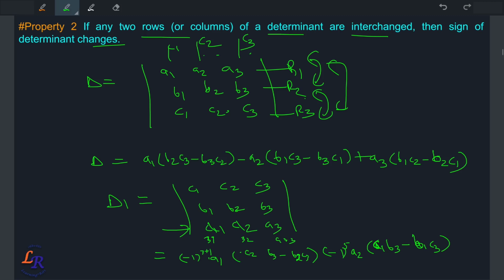And the third element has minus 1 to the power 6, with A3, and we get B1 C2 minus B2 C1.